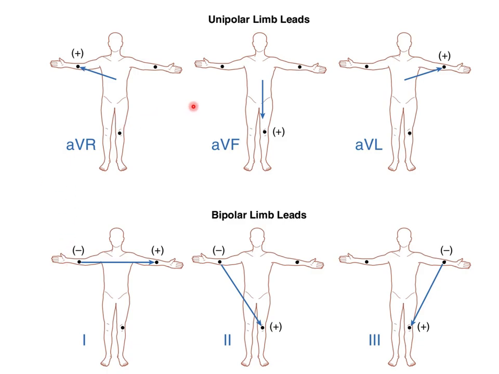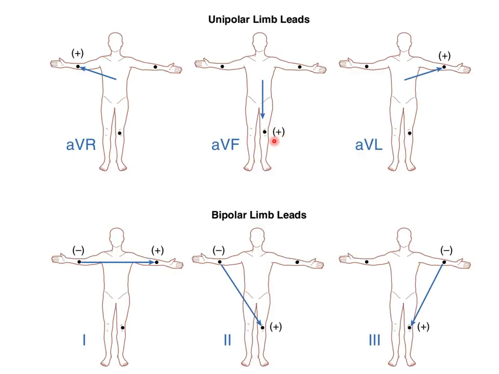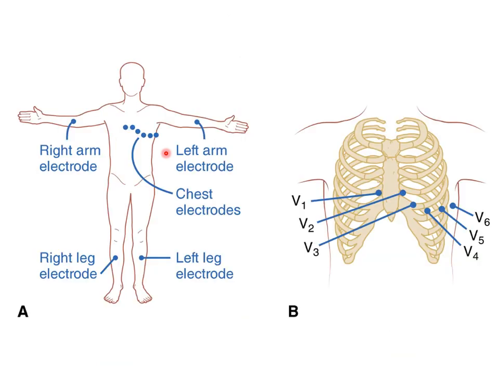Then there's 3 other leads which are derived from these basic voltages. You take the center of mass of these signals here, and you measure a voltage from like the average of all these out to the right arm, out to the left leg, and out to the left arm. So these are the VR, VF, and AVL leads. And those are completely derived from these signals, right? These ones are.